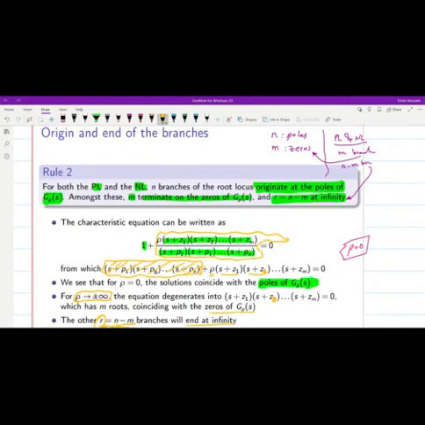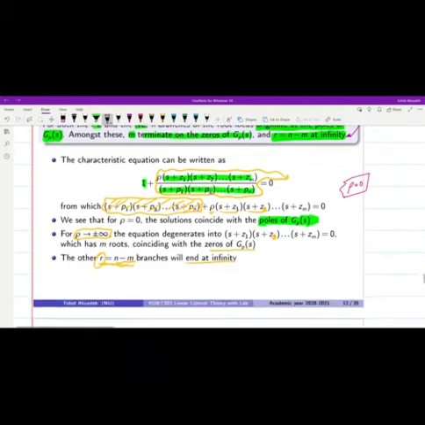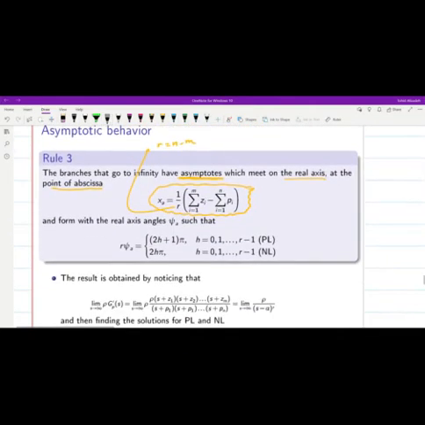At the numerator we have (S plus Z1), (S plus Z2), and so on and so forth. At the denominator we have (S plus P1), (S plus P2), (S plus P3), and so on and so forth. So referring to the values of Zi and Pi's, we will have the point of abscissa calculated.